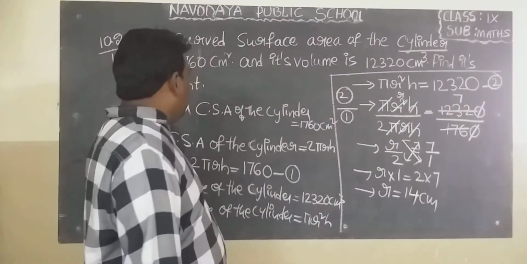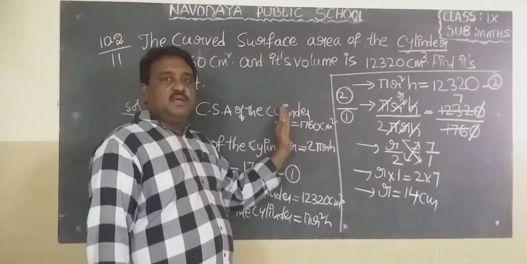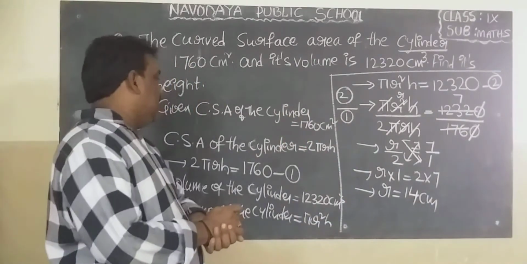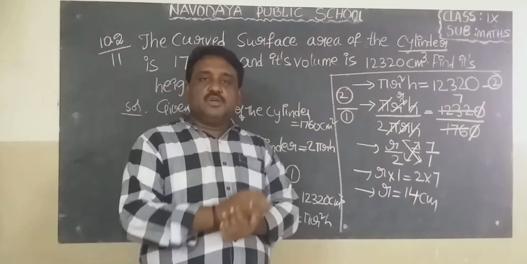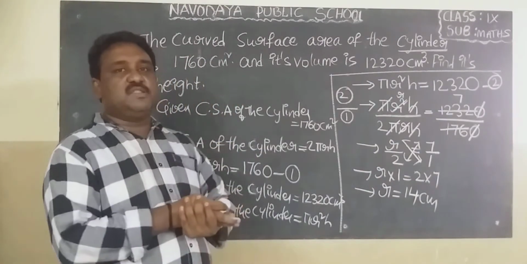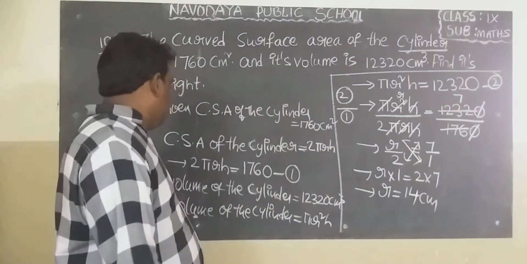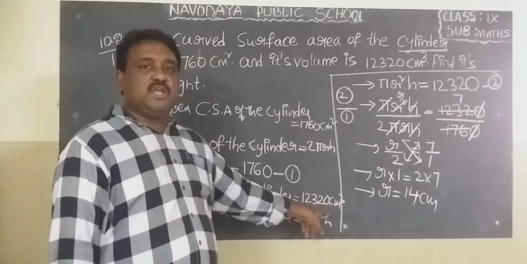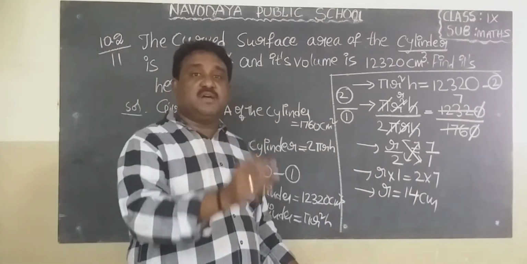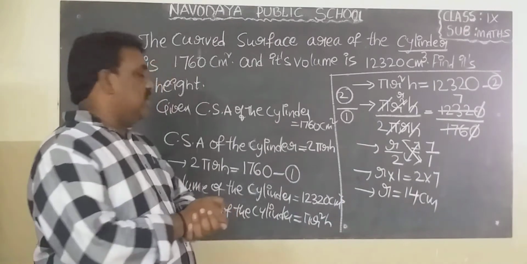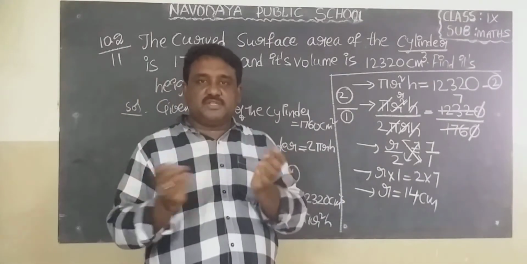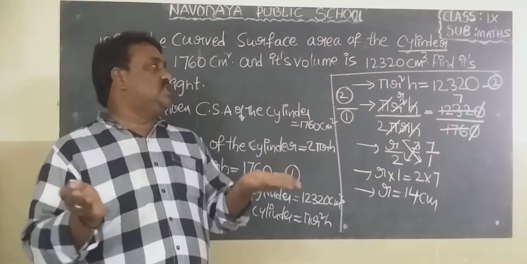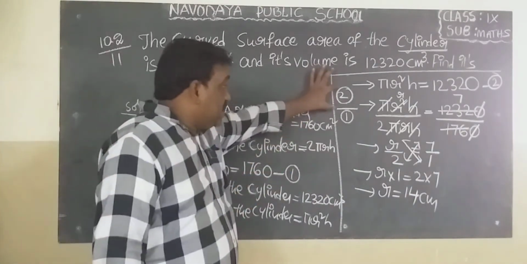See again. Given CSA of the cylinder equals 1760 centimeter square. The formula is 2 pi r h equals 1760, equation 1. Volume of the cylinder equals 12320 centimeter cube. Pi r square h equals 12320, equation 2. Divide 2 with 1.